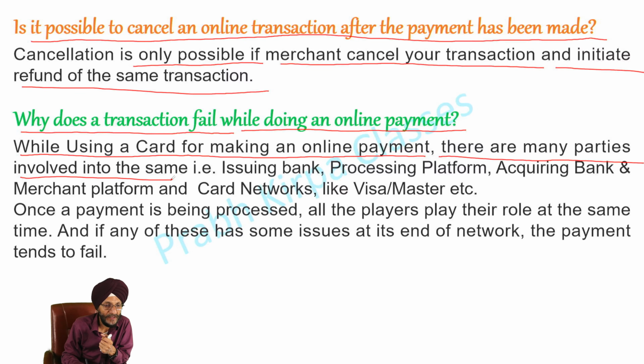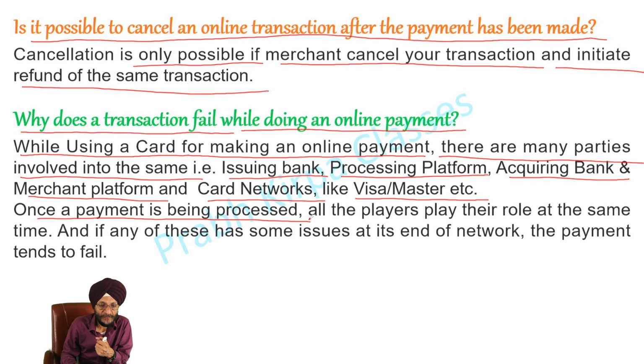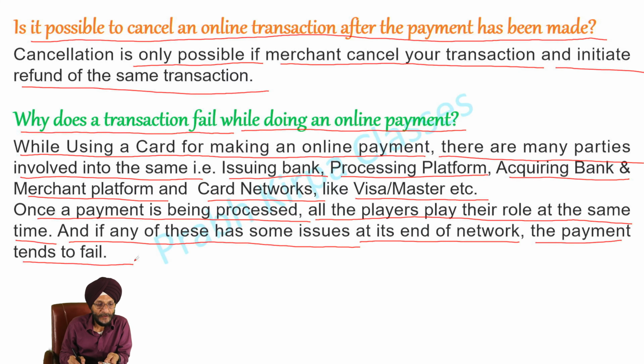While we are making payment through card, many parties are involved such as the issuing bank, processing platform, acquiring bank, merchant platform, and card networks like Visa, Master, etc. Once a payment is being processed, all the players play their role at the same time. And if any of these has some issue at its end of the network, the payment tends to fail.